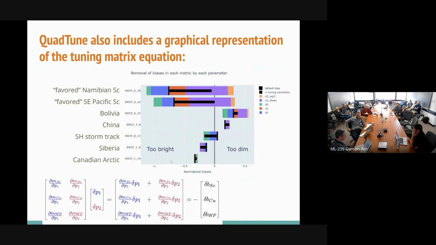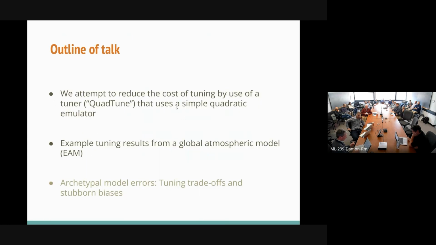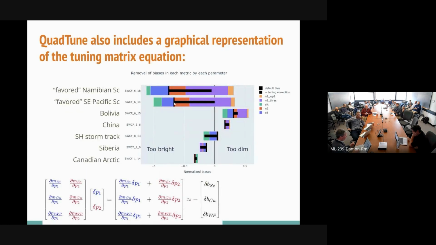Then it plots them versus normalized bias. Over here, these regions are too bright, and these regions are too dim. The vertical black line gives the bias in the original default simulation. The horizontal black line gives how much bias is removed by tuning.